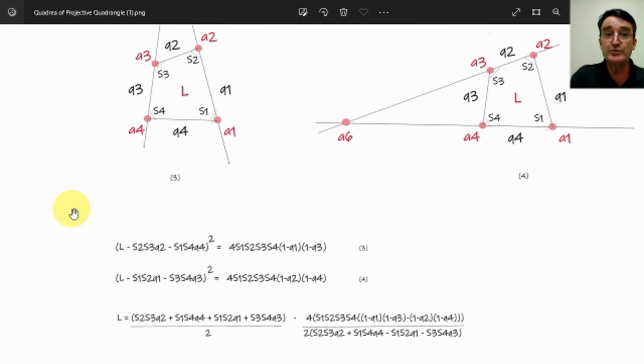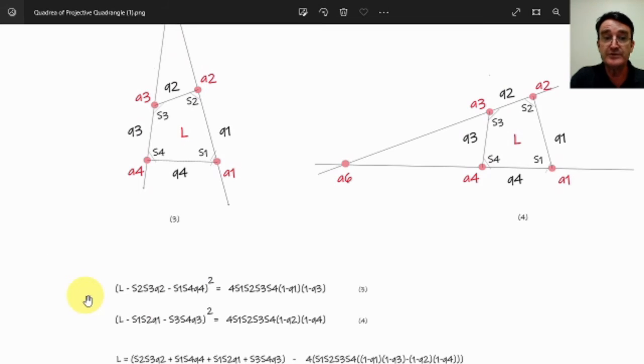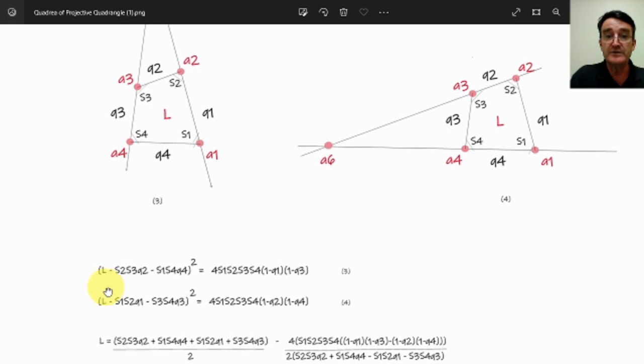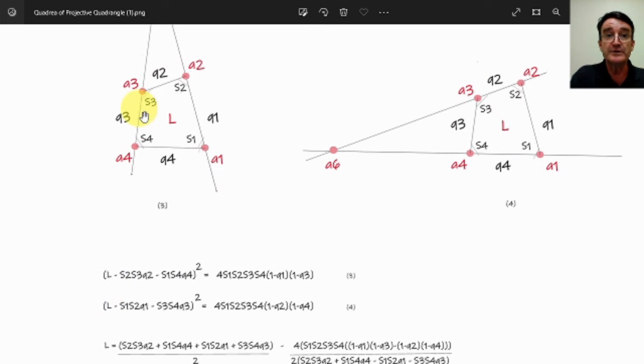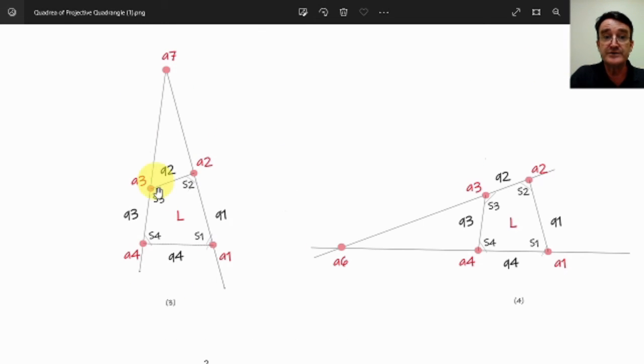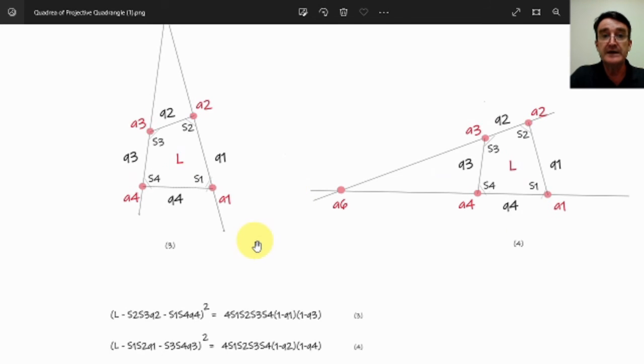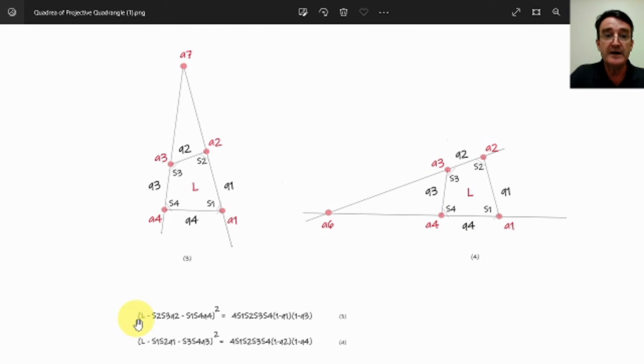Okay, so it's just like the dual of the projective quadrangle. So this quantity L is the quadreal of the projective quadrilateral. It's another projectively invariant quantity. And here's the quadratic equation that goes with this triangulation: L minus S2, S3, Q2 minus S1, S4, Q4.